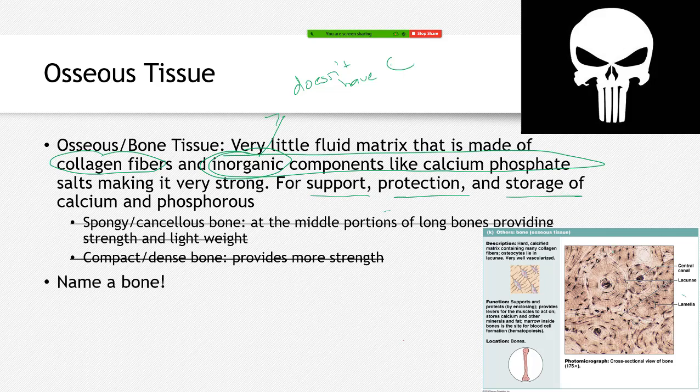So how do we identify this as osseous tissue? Well, we'll look at these structures. These are called osteons, and the osteons have these ring-like structures here, and these are the lamellae. We'll talk about that eventually, but it looks like a tree trunk, right? If you were to slice a tree trunk, it has these rings as well. And not only that, you'll be able to see these spaces.